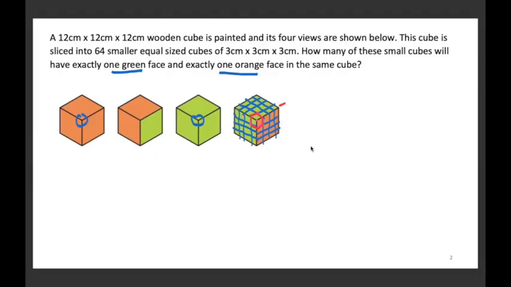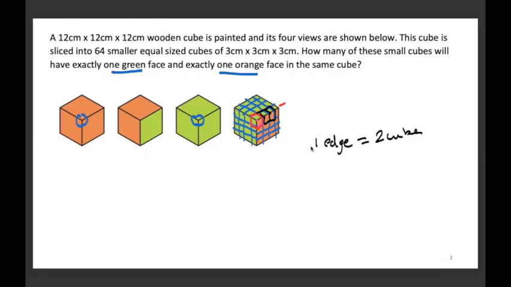But the 2 cubes that are there in the middle have basically 1 green and 1 orange face exactly. So one edge, which is shared by green and orange, has basically 2 cubes of the given conditions.